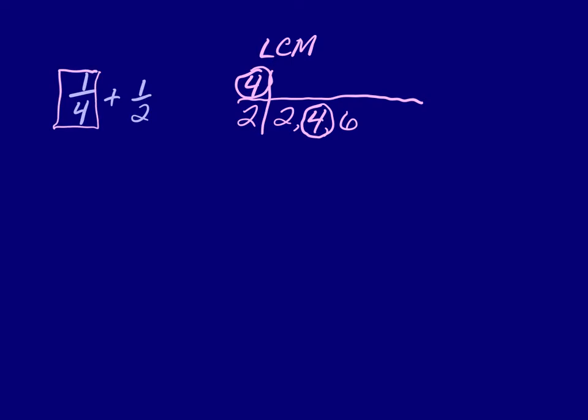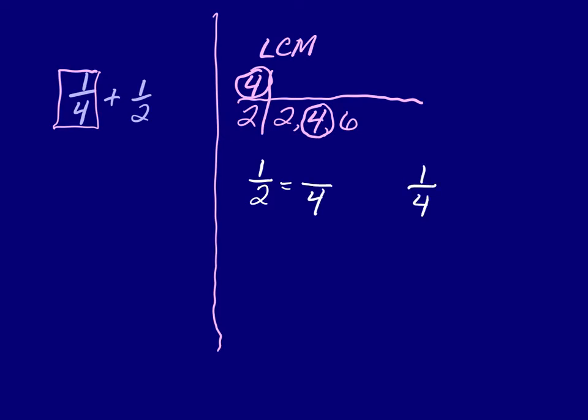So we're going to come down here under our work side, and we're going to write out our fractions. We have 1/2 needs to change into something with 4 in the denominator, and then 1/4 will need to change to something with 4 in the denominator. We are lucky because it's already done for us.